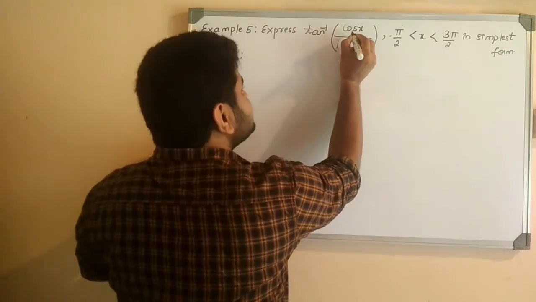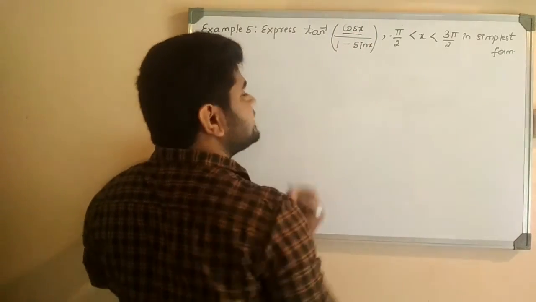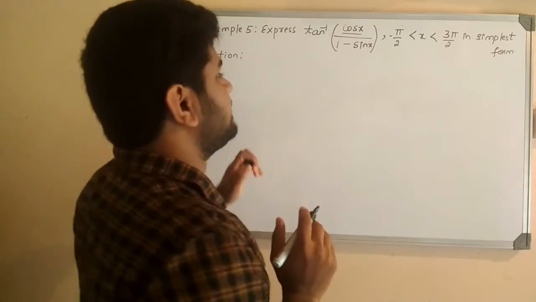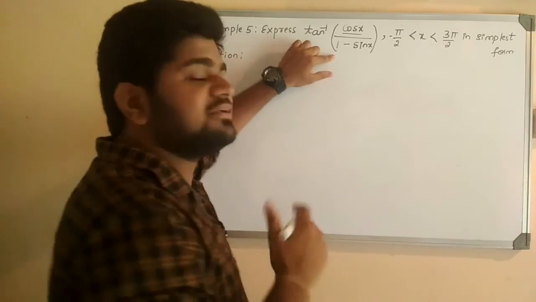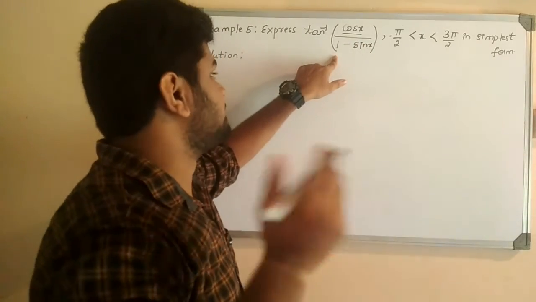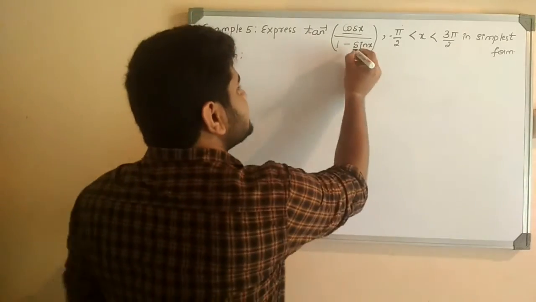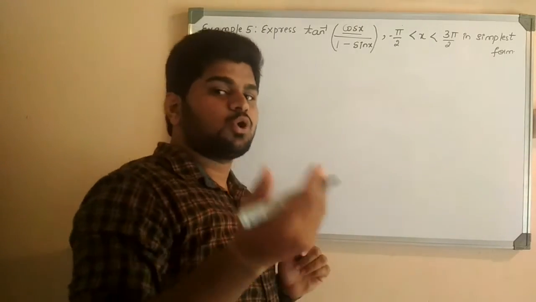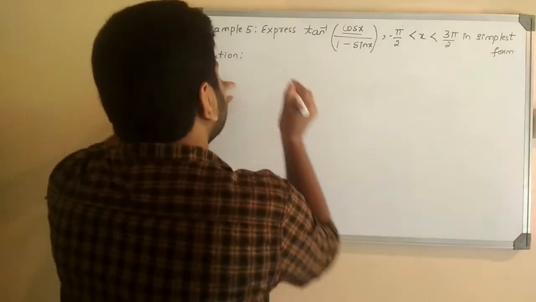Half angle formula means here cos x can be written as cos square x by 2 minus sin square x by 2. And 1 can be written as sin square x by 2 plus cos square x by 2. Minus this sin x can be replaced as 2 sin x by 2 cos x by 2. I will write it.